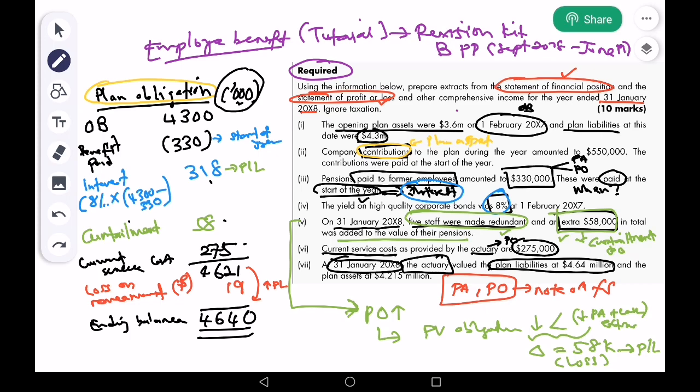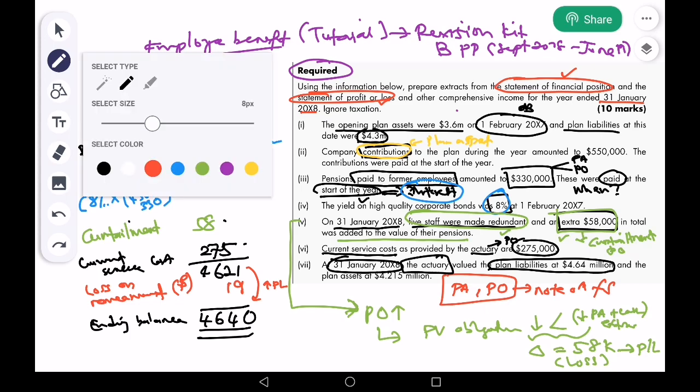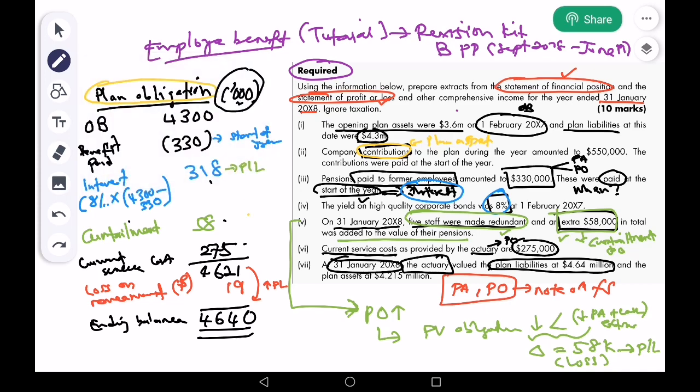If you have wrongly calculated, class, just to share with you, if you have wrongly calculated this, it is possible that your remeasurement also will be wrong. However, don't worry. If the figure here is wrong due to your calculation, it will not have a nominal effect in marking.